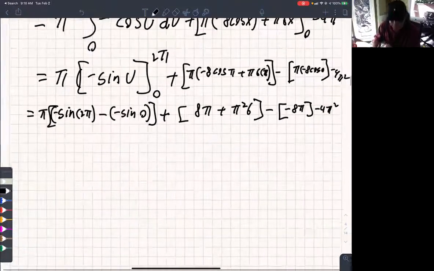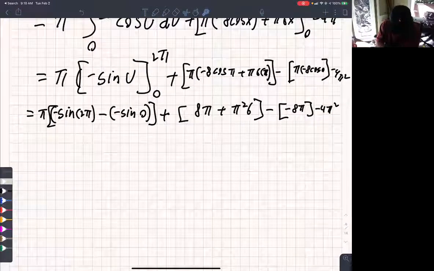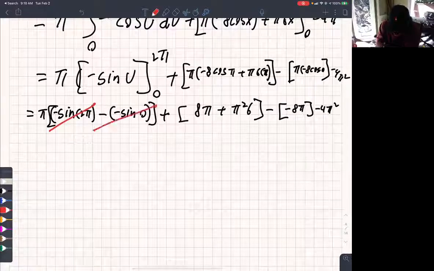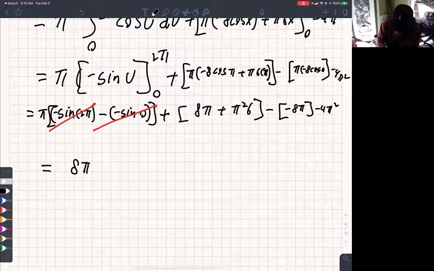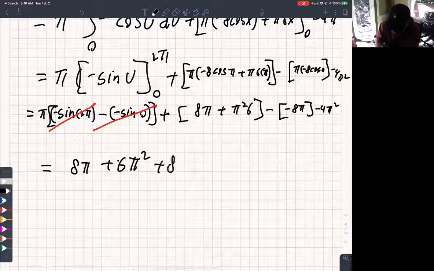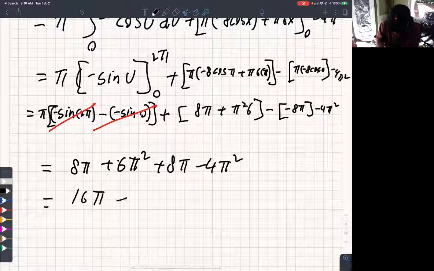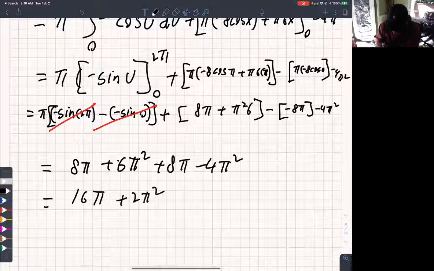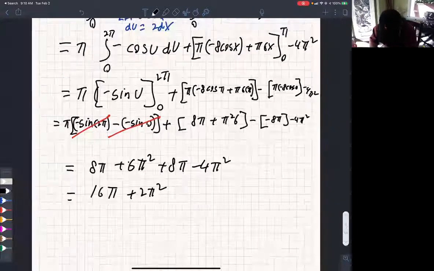Whew, I am so close. That's 0, that's 0. I get 8 pi plus 6 pi squared plus 8 pi minus 4 pi squared, which is 16 pi plus 2 pi squared. Is that the answer?